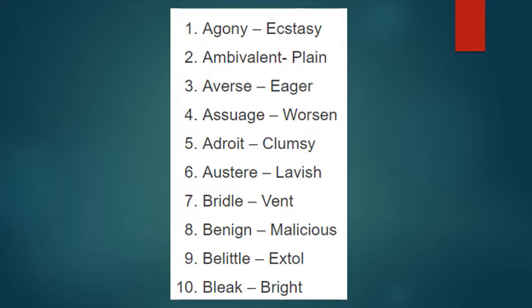Malicious means harmful, spiteful. Belittle, extol. You belittle, you disparage, dismiss or ridicule someone, and extol means praise. Bleak, bright. Bleak means barren, dull, and bright is the opposite of it. So we have seen the first list.